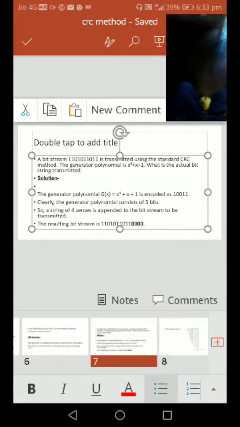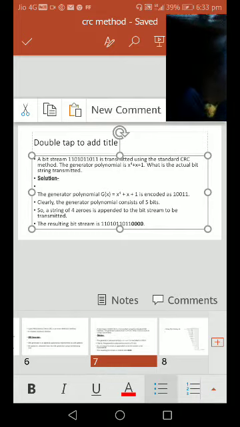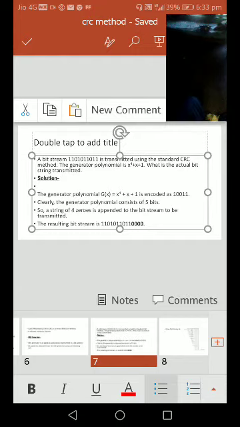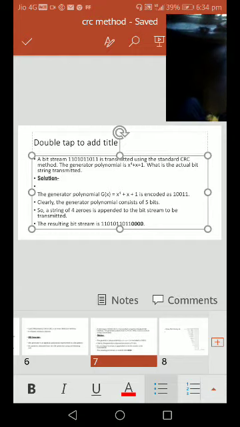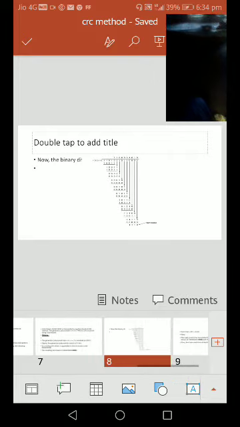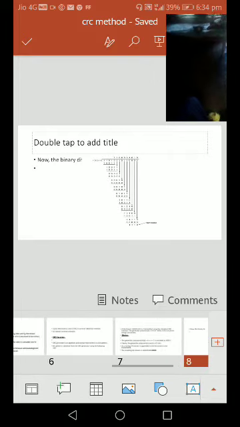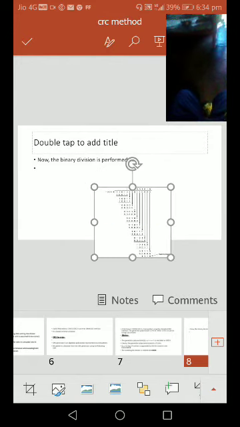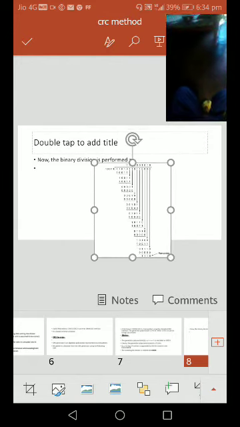Then we take an example of the data bits, how to solve error detection by using the CRC method, cyclic redundancy code. We take this one example.